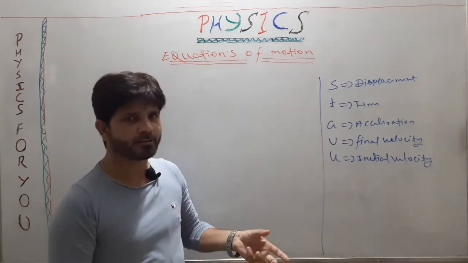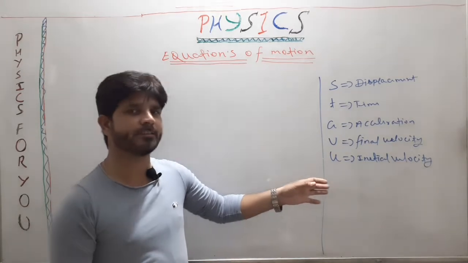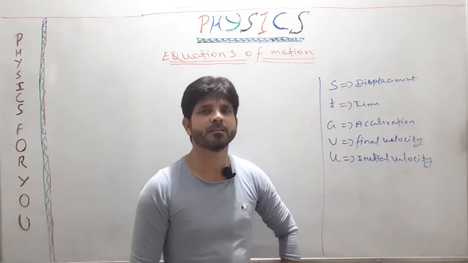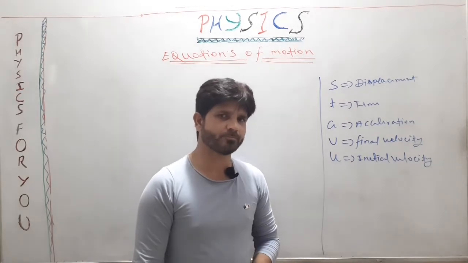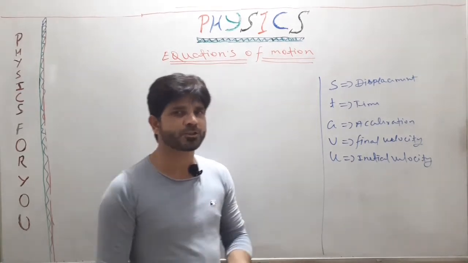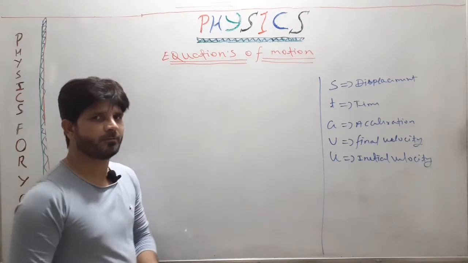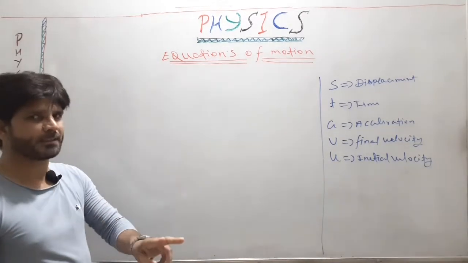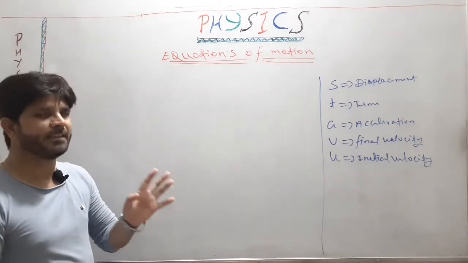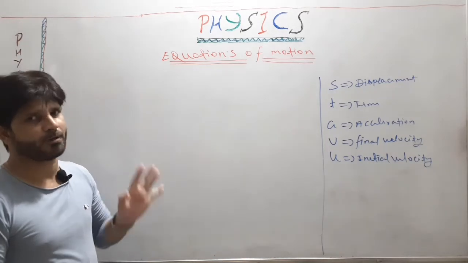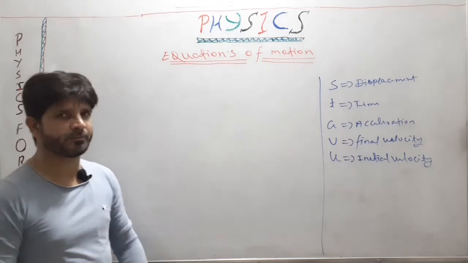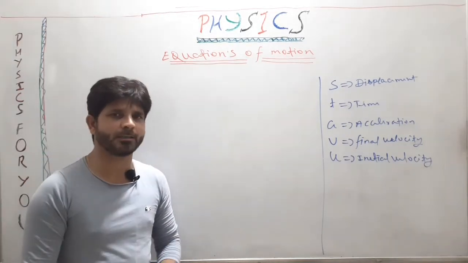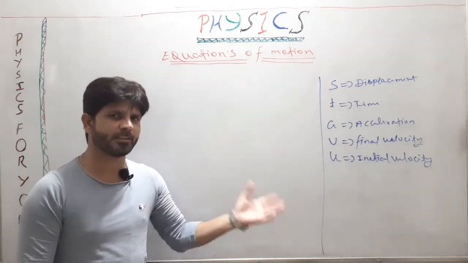A relation which relates these four quantities is called an equation of motion. So we have three relations named as the equations of motion. Let me derive them by two methods: by a simple method and by the method of calculus, which is a branch of mathematics. We already discussed calculus, integral calculus and differential calculus, in our last classes.